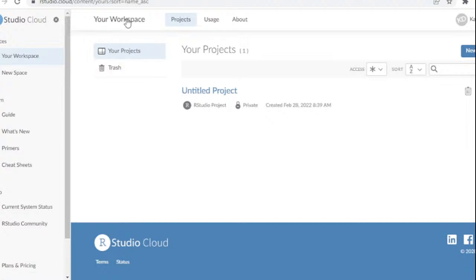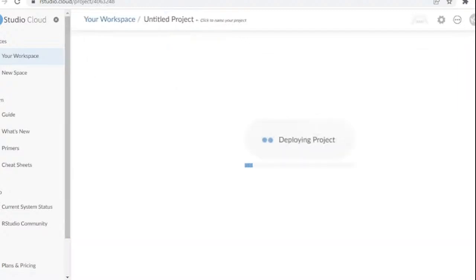I'll click on workspace, project, new project. Just like Tableau Public, you still have to download Tableau Public on your system, but this is completely in the cloud. Just hold on, it's deploying.